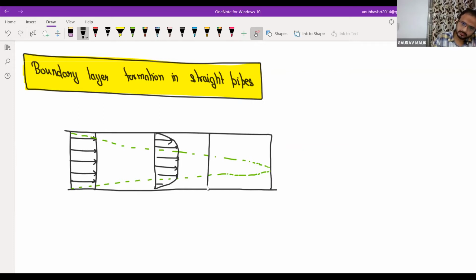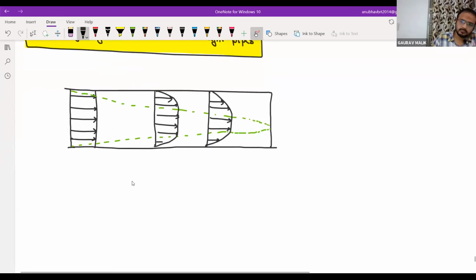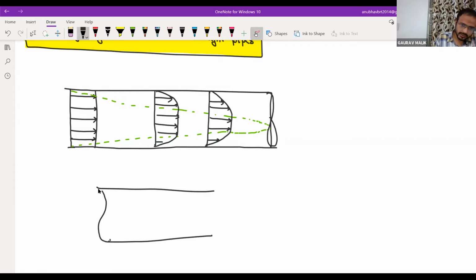And after that, after some time it will reach up to the center line. Then what will happen? When it will reach up to the center line, then you will get such type of profile. So in this condition, the fluid is known as fully developed flow.